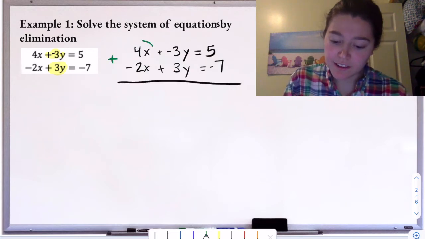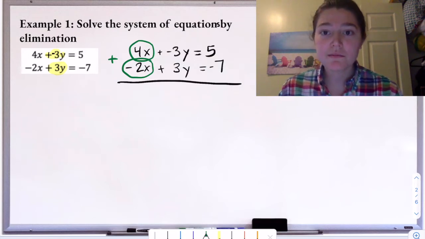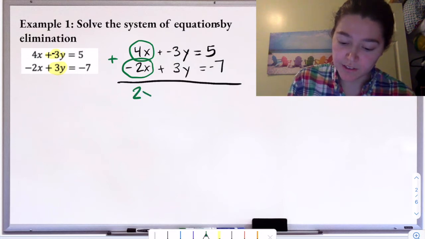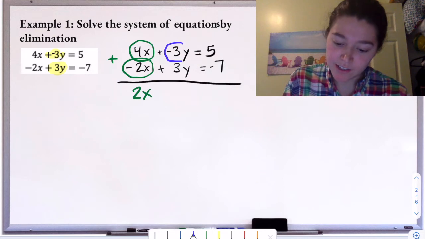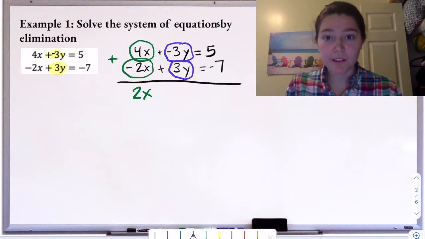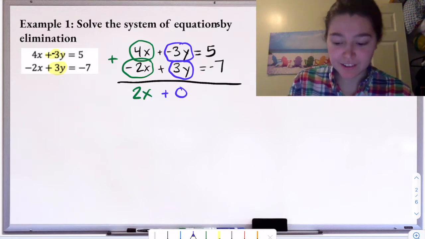For my x's, I have 4x plus negative 2x. What is 4x plus negative 2x? That is positive 2x, so I get 2x here. Then for my y variables, I have negative 3y plus 3y. What's negative 3y plus 3y? 0, right? It is 0y.